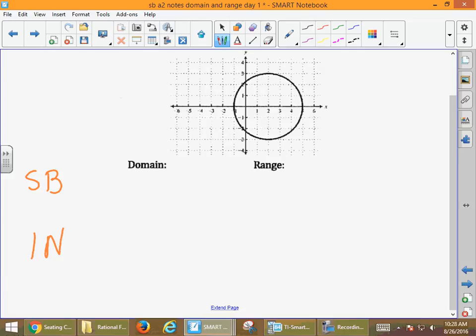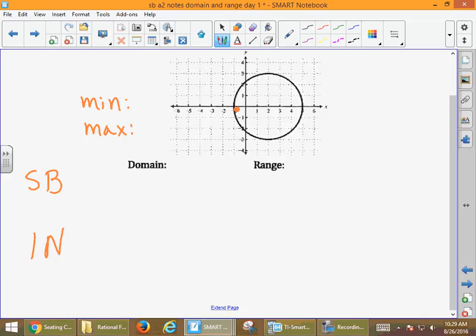In terms of the domain, like I said, you might want to ask, what's our minimum x value and what's our maximum x value on the circle? What's our minimum x value? Eric? -1.